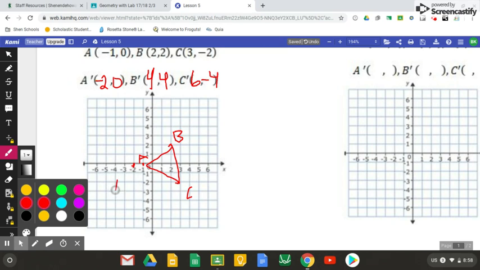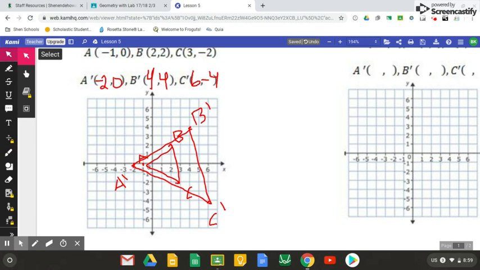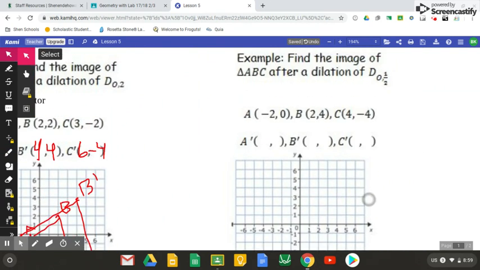So that's right there, A prime. B prime is 4, 4. And C prime 6, -4. And here is my larger triangle. So as you can see, it got bigger because the scale factor was larger than 1. So yes, it is going to grow in size. All right, let's look at the next one.